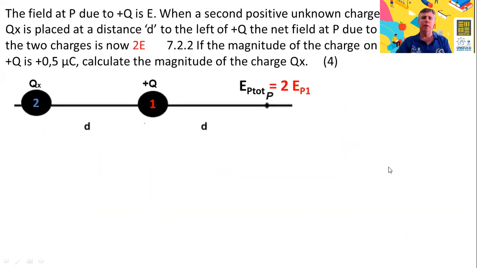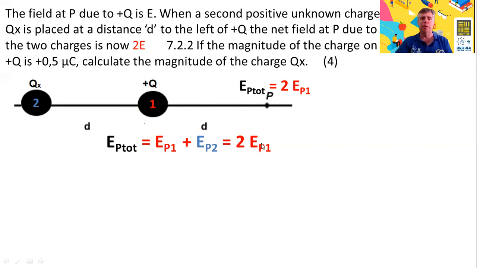So here we go. We've said basically when you add a second charge number 2, the total electric field becomes twice what it was when you just had 1 charge. So total electric field is the electric field due to charge 1 and electric field due to charge 2. Remember, the P is just telling us that's the electric field measured at P. Please don't confuse with potential energy.